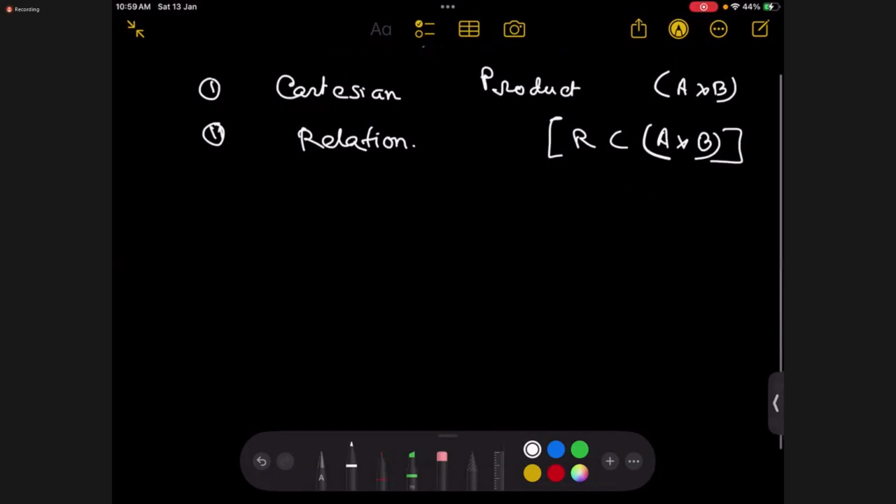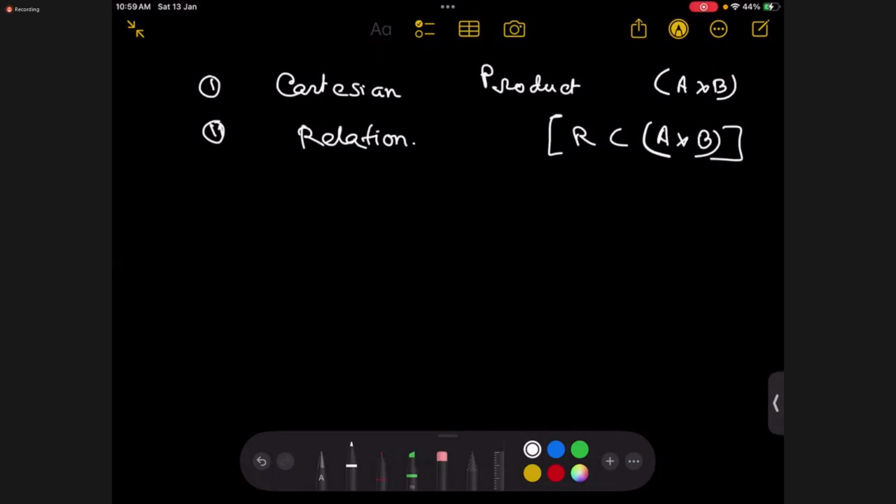So, let us take one example today so that it can be clear. Let us define the relation R as the collection of all those x and y such that y equals x plus 3. We discussed this problem in the last class, but today we are discussing the same problem to understand it clearly.